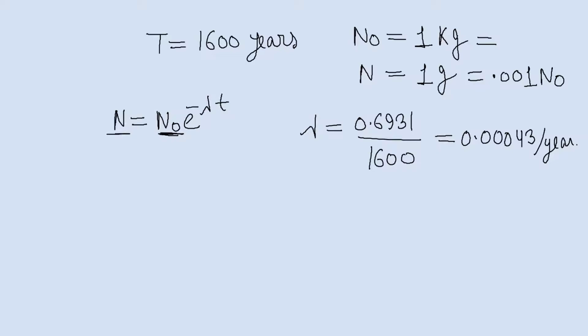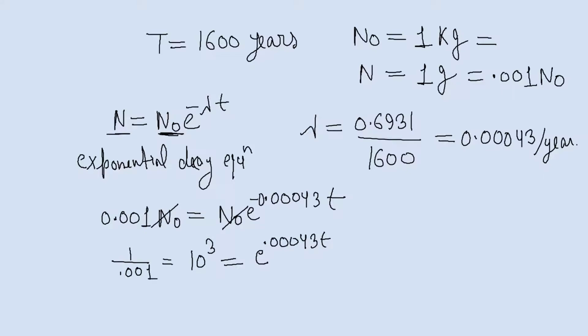So we get lambda as 0.00043 per year. Now put all the values in this equation, the exponential decay equation, and find out the value of T.